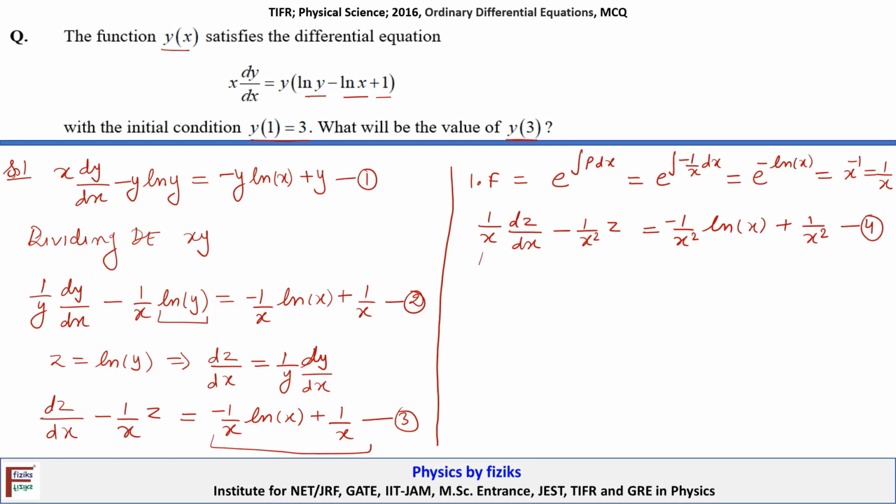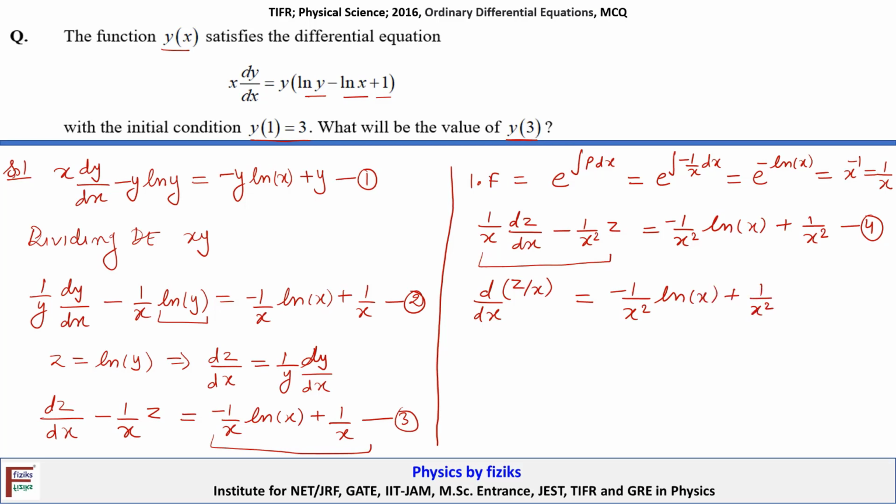Now this equation can be simplified on the left hand side by taking the derivative of z/x, as the derivative of z/x can be written as (1/x) dz/dx − (1/x²) z. So d/dx of z/x is equal to −(1/x²) ln x + 1/x².